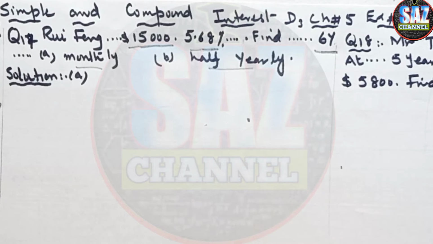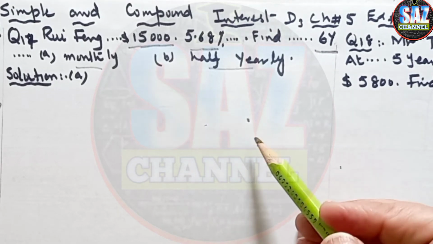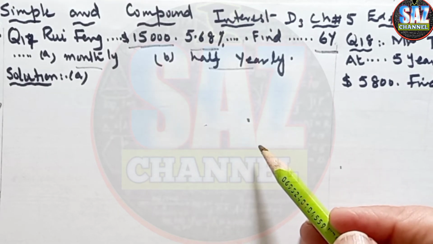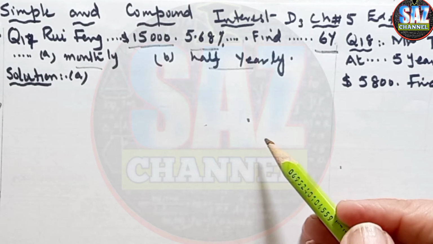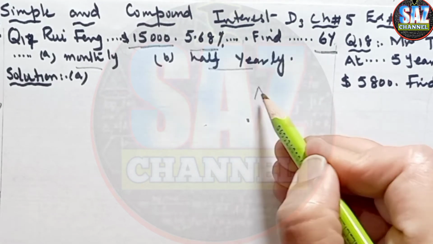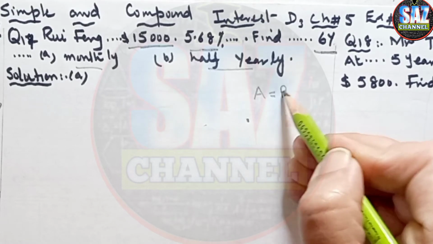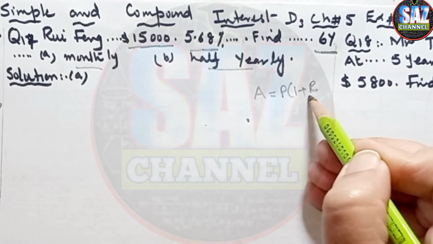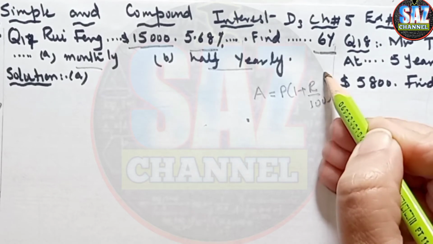Here it's important to understand that as we are investing on compound interest rules, for monthly the formula for the compound interest is A equals P into 1 plus R over 100 raised to the power of n.